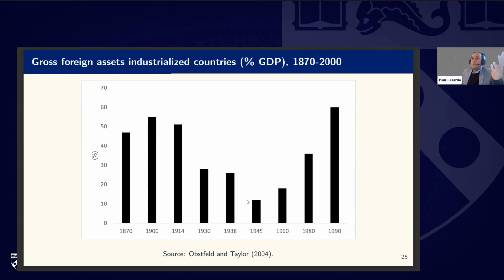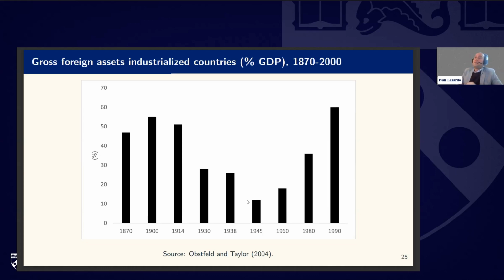So I would say that this measurement is a good approximation to examine, at first glance, the level of financial integration in the last two centuries.